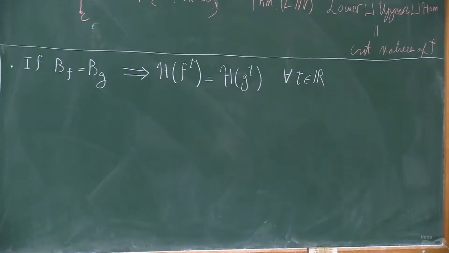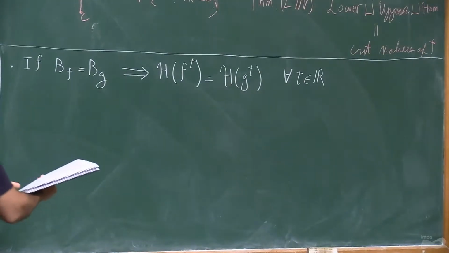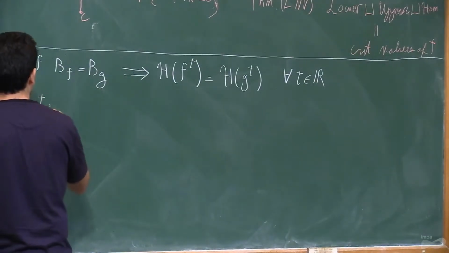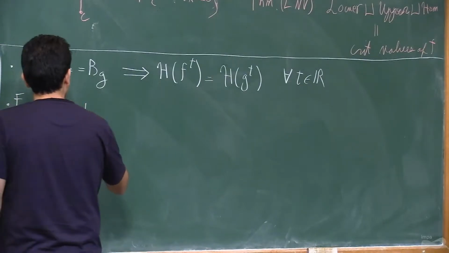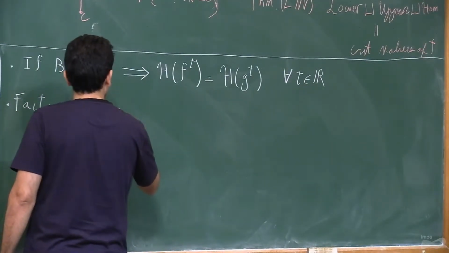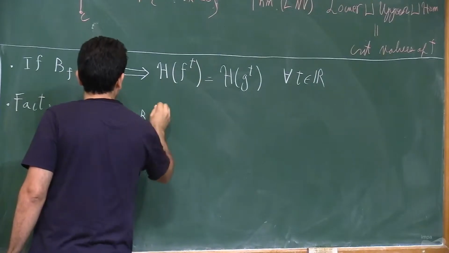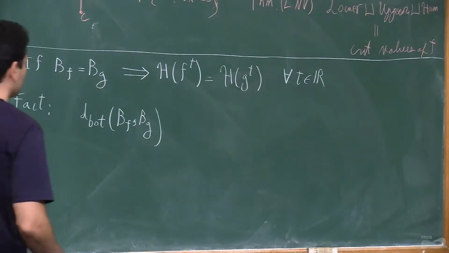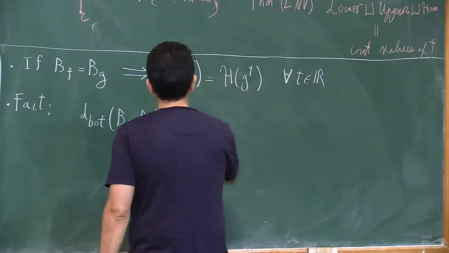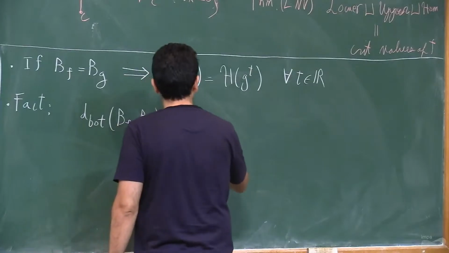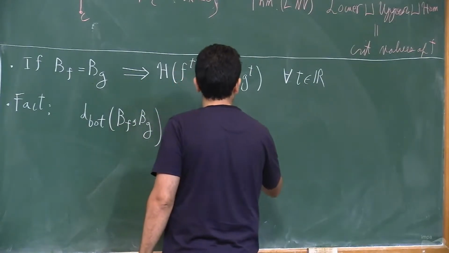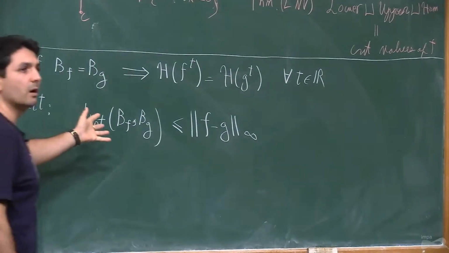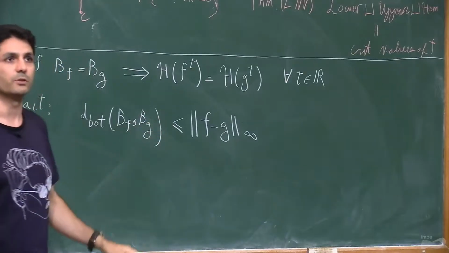Now, an interesting feature of barcodes for Morse functions is that the bottleneck distance, and this is where you see things starting to get how we're going to go from Morse functions with distinct critical values to functions that are less regular, can be bounded by the sup norm. It's not very hard to prove, but maybe it's not obvious if you're not familiar with these notions.